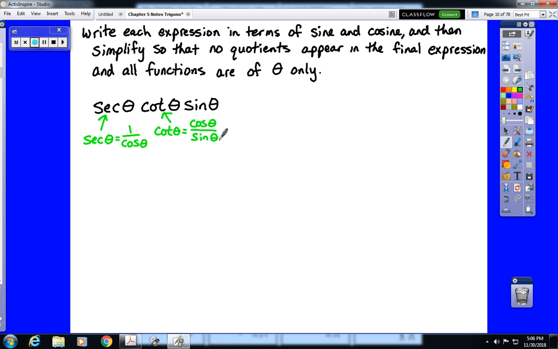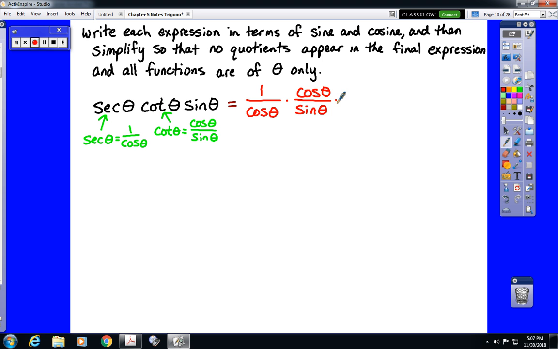And we're not going to do anything with sine because it's already in terms of sine and cosine, so why mess with a good thing? So that would be 1 over cosine times cosine over sine times, and we left sine alone.